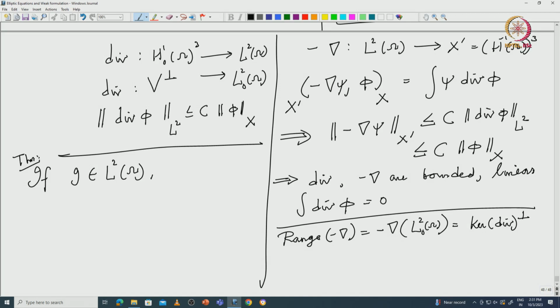This is not something you get directly all the time from the Lax-Milgram lemma. You may have to do extra work.